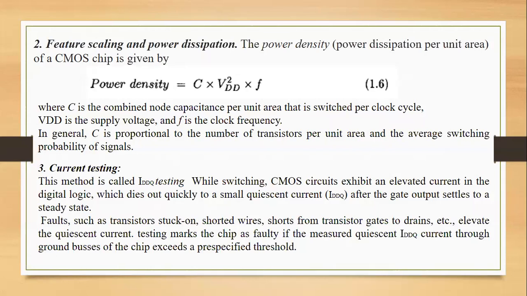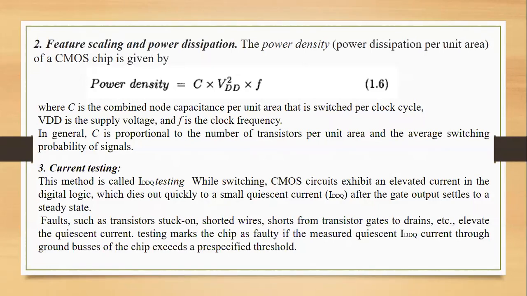Quiescent current, with respect to the DC current or DC input voltage, is where we identify the intersecting point of the current and voltage within that device. Here, in current testing also, we check the quiescent current.